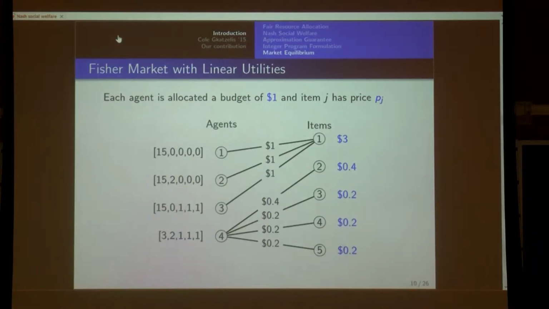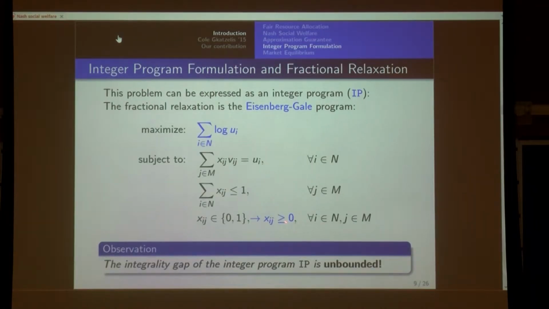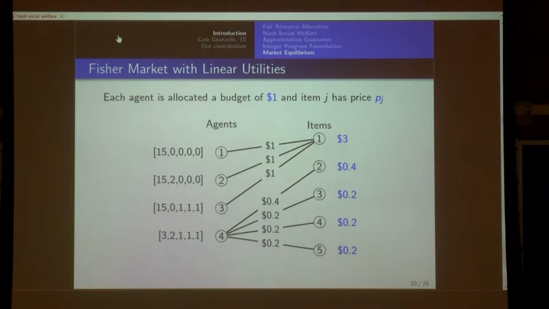Okay? So before we go further, what exactly is this fractional relaxation and what is this Eisenberg-Gale program doing? This is very well studied because this fractional relaxation is solving this market equilibrium problem. So again here we have items and agents, and now the items are divisible because remember this is the fractional relaxation, and the agents have linear utilities, but we have now a market interpretation.